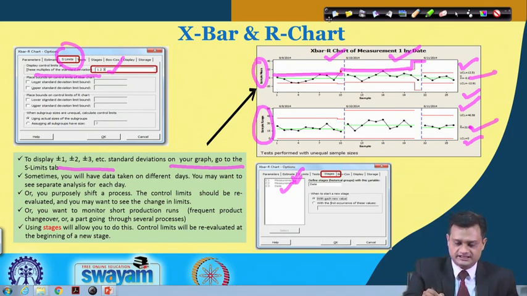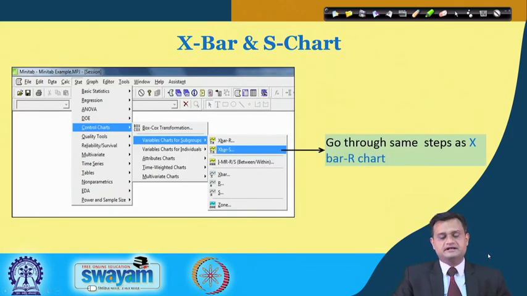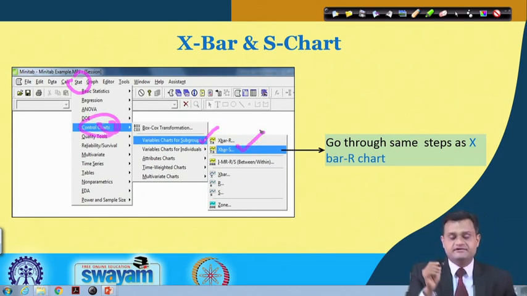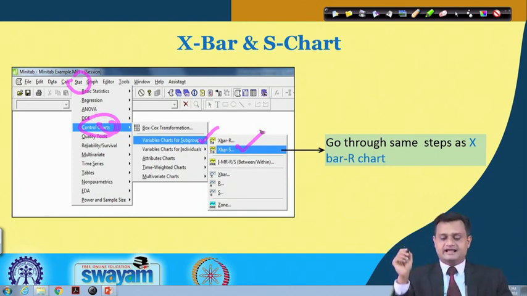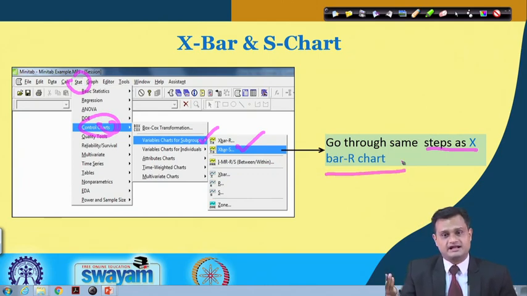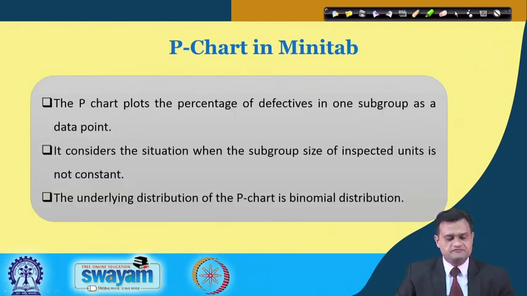Minitab will plot the entire control chart for your display as well as interpretation. Then you go again to Stat, Control Chart, Variable Chart for Subgroup, and the same way you can plot the X bar and S chart. Follow the same steps as in the X bar and R chart, and you will get the X bar and S chart, so there is no difference.